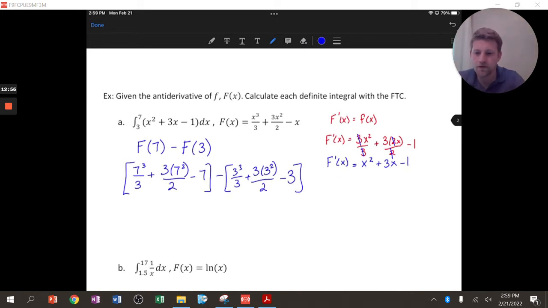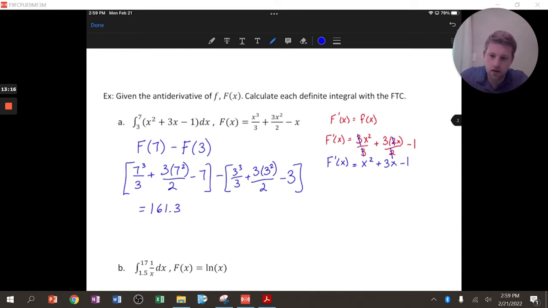All right, so we have our result here. If we simplify our evaluations, we should get a value of 161.3 repeating if you put that in your calculator.